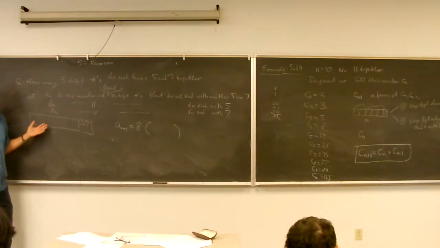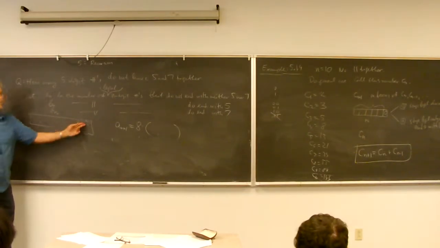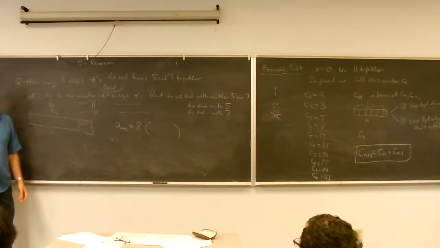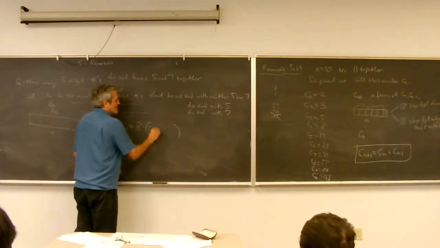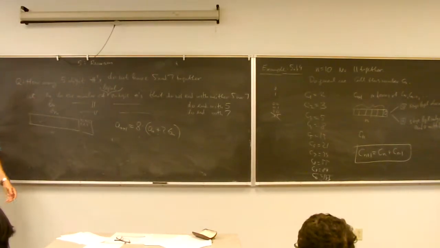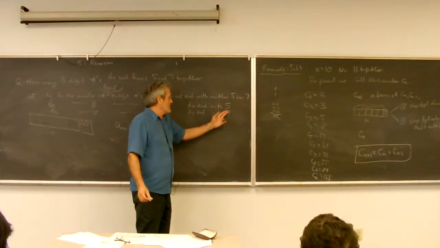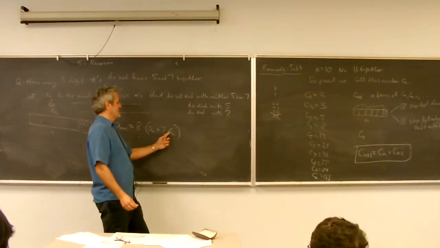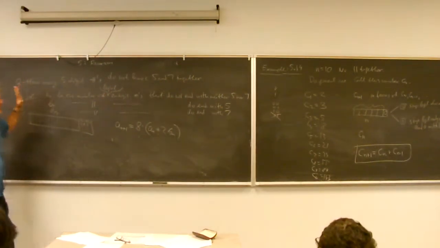Do I need to choose, or it doesn't matter? Like a minute ago, whatever I had before, I can add any of those numbers and keep it a word. Do you agree? How much is whatever? An plus 2Bn. Do you agree with me? Why? Because that previous word might be ending with 5, might be ending with 7, that's why 2Bn, or end with who knows what. However it ends, I'm okay.